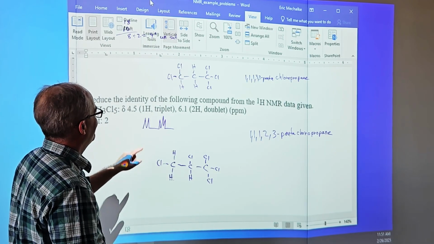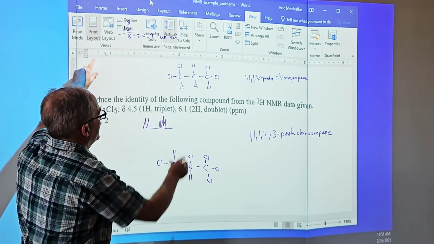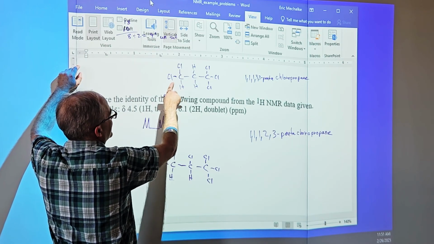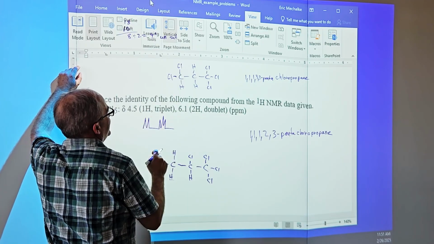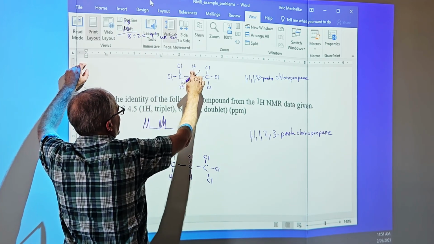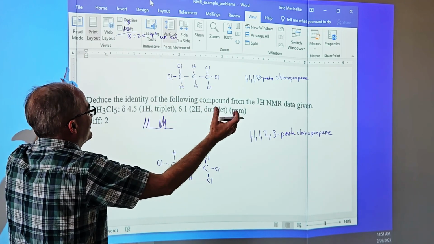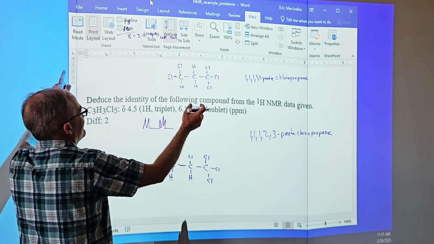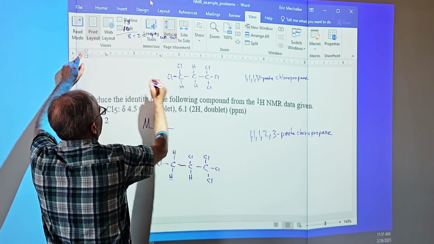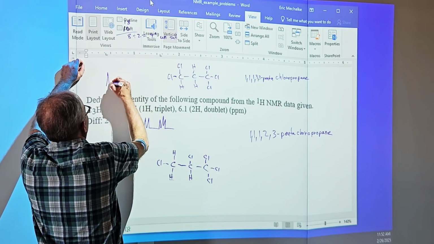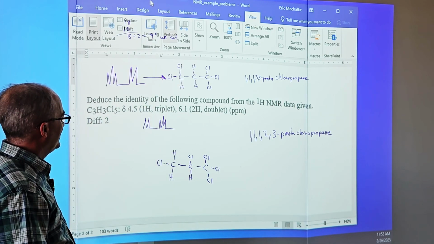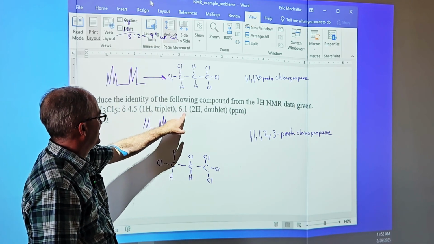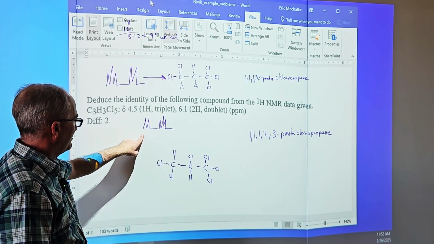I think that's working with this one. Where this one here, this proton is on a carbon with 2 chlorines. These hydrogens are on a carbon with no chlorines. So I'm thinking this thing's going to have the triplet here. I think that corresponds to that one. And then, of course, this says my doublet is the furthest up.